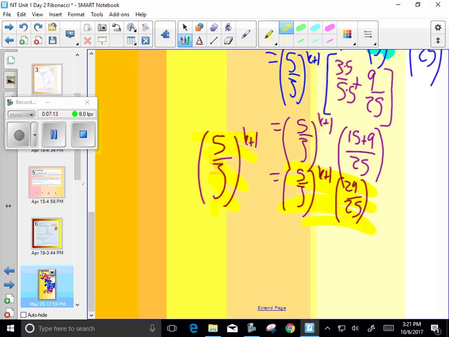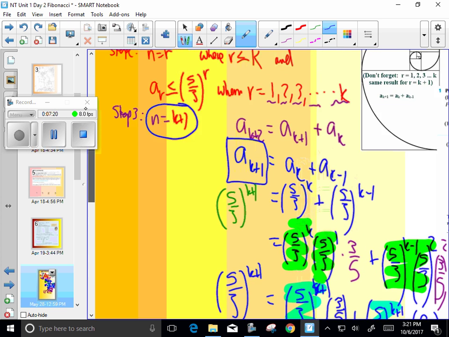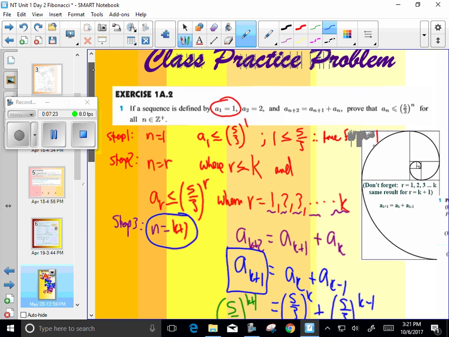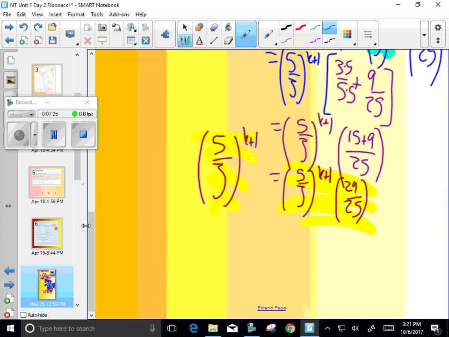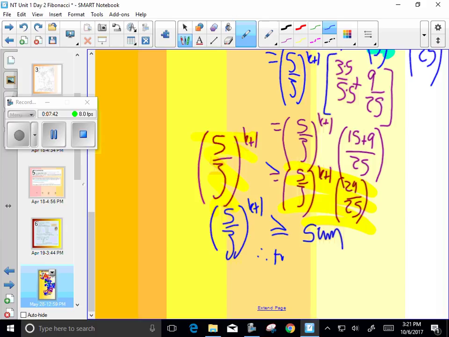What we showed here, putting these two equations together, is that a(n) is a little less than (5/3)^n. This sum is a little less than (5/3)^(k+1), and therefore true for n equal to k plus 1.